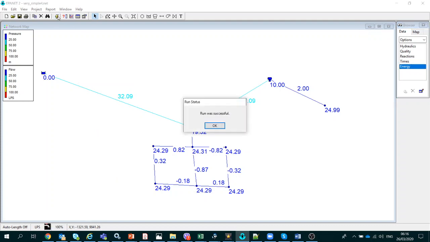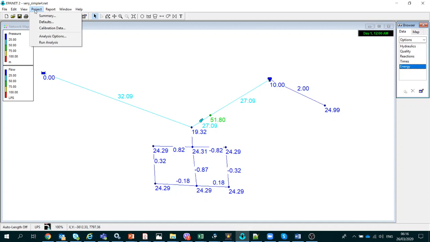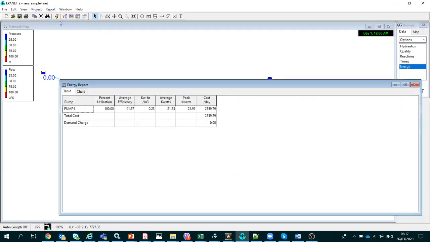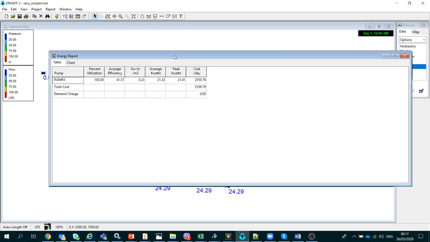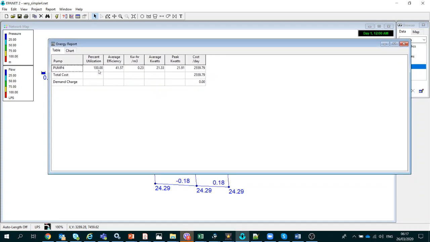So now we can try to run this model. It's successful. I'm not going to focus on the hydraulics at the moment because we have covered that. But if you go to report, energy report, you can see that now the pump has been utilized for 100% of the time. The average efficiency of the pump is 41.57, depending on where in the curve at each hour the pump is operating.